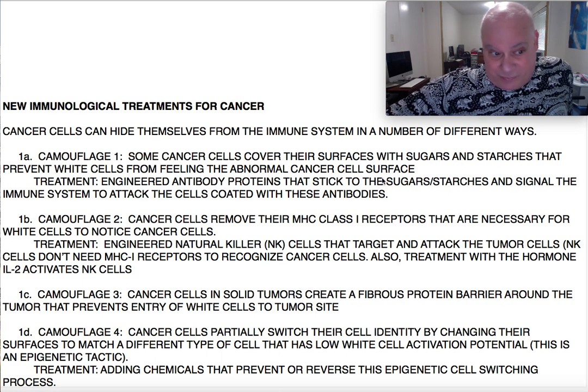Now, of course, there are some problems with this treatment. Sometimes it works pretty good. One problem is not all cancer cells protect themselves this way. Not all cancer cells camouflage in this manner. So this only works with cancer cells that camouflage themselves with sugars and starches. But the other problem is these sugars and starches are also present on normal, healthy cells.